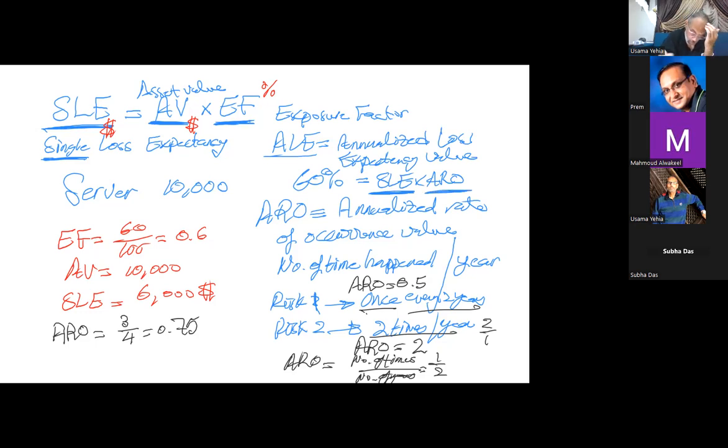Then, in our case, SLE was 6,000 and the ARO was 0.75. Let's calculate it.